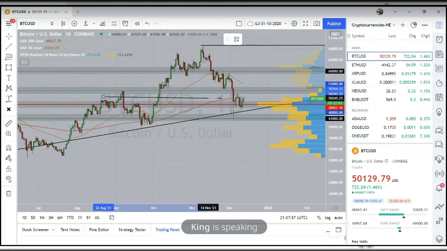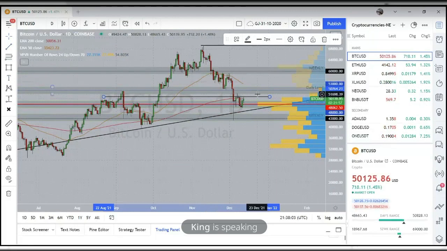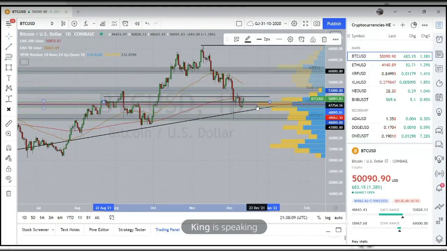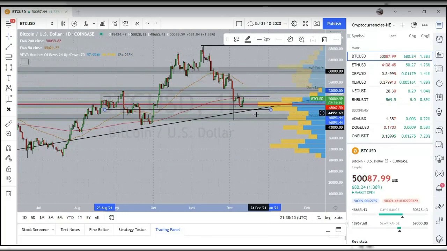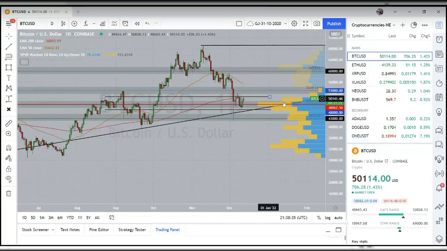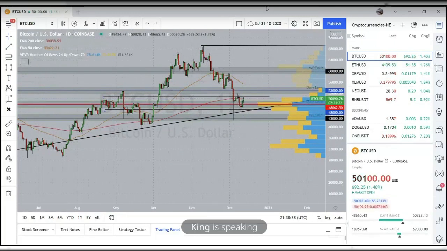We might see price range around here, and we've got 48K there and 43K, so somewhere around 45 and a half K. Let's just put it there. Yeah, so somewhere around here, I would expect price to range as it's ranging around this 48K and being played about with volume, depending on whether or not this trend is going to hold.